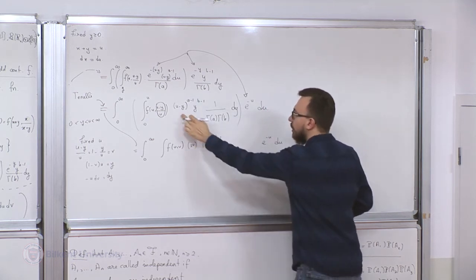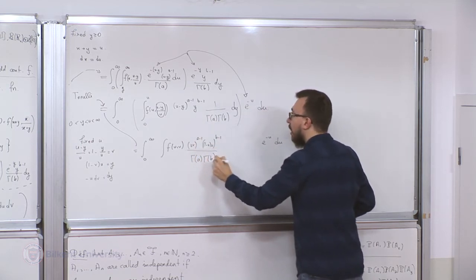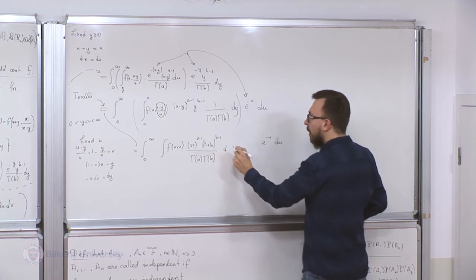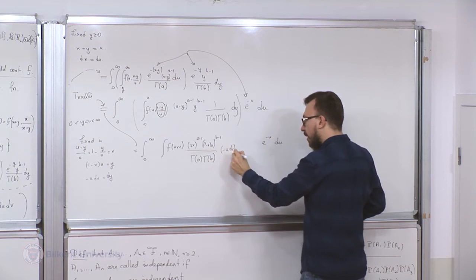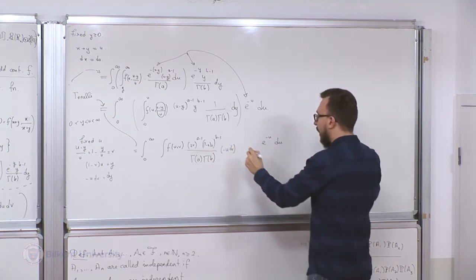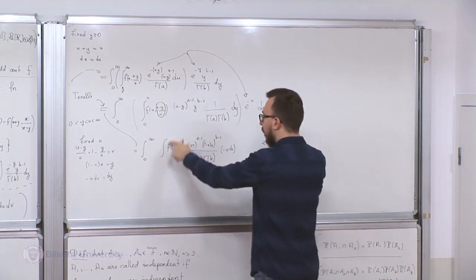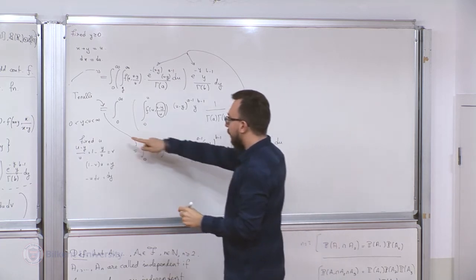Okay, so this is done, this is done. There is gamma a, gamma b. Well, what is dy? Minus u dv. Minus u dv. And let's also be careful about the upper and lower limits. So my u is fixed.